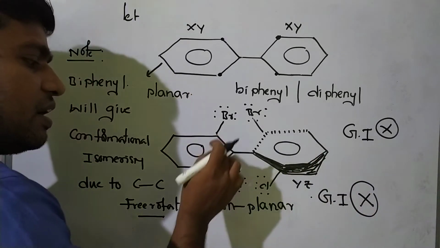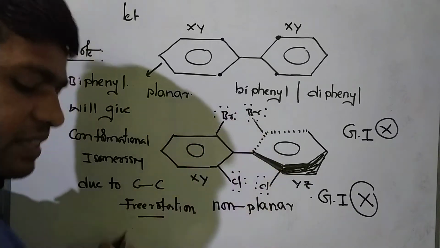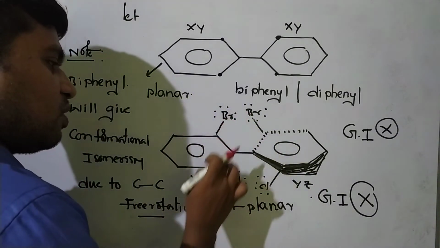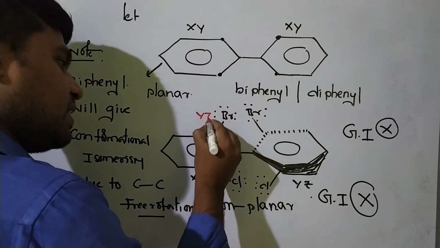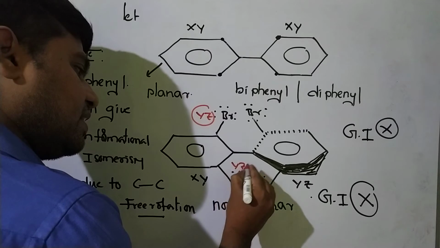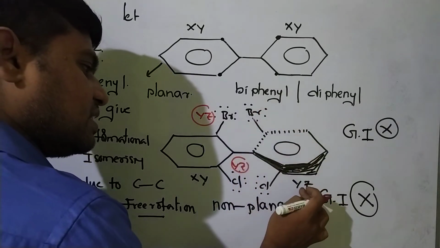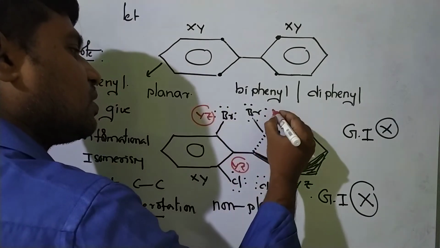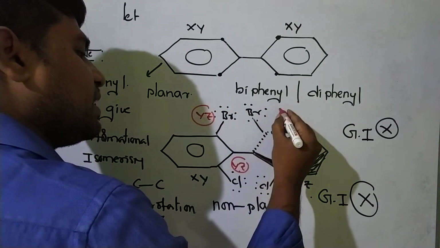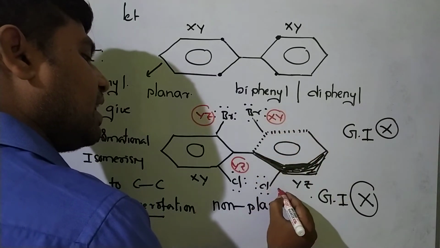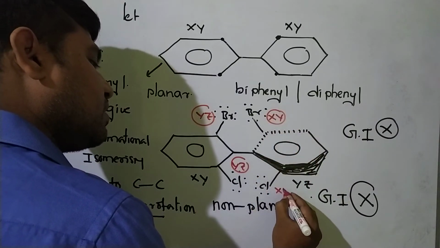These bromine and chlorine atoms are in the yz plane, and the benzene ring is yz. This group is in the xy plane.